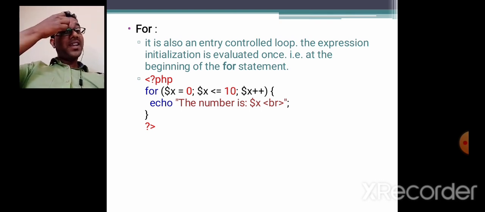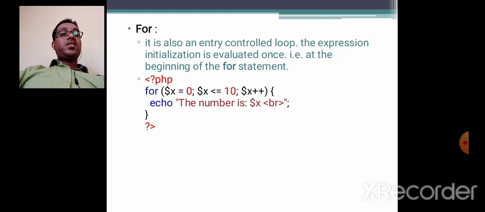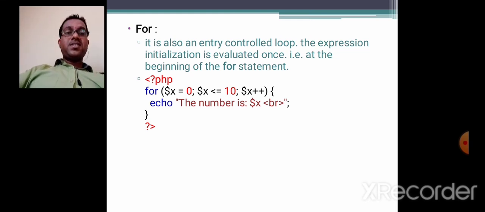Next one is the for loop, which is the same as while, but it is shorter and easier to use. It is also an entry control loop. The initialization expression is evaluated once, at the beginning of the for statement. In the example, first there is initialization, then condition, and increment or decrement.